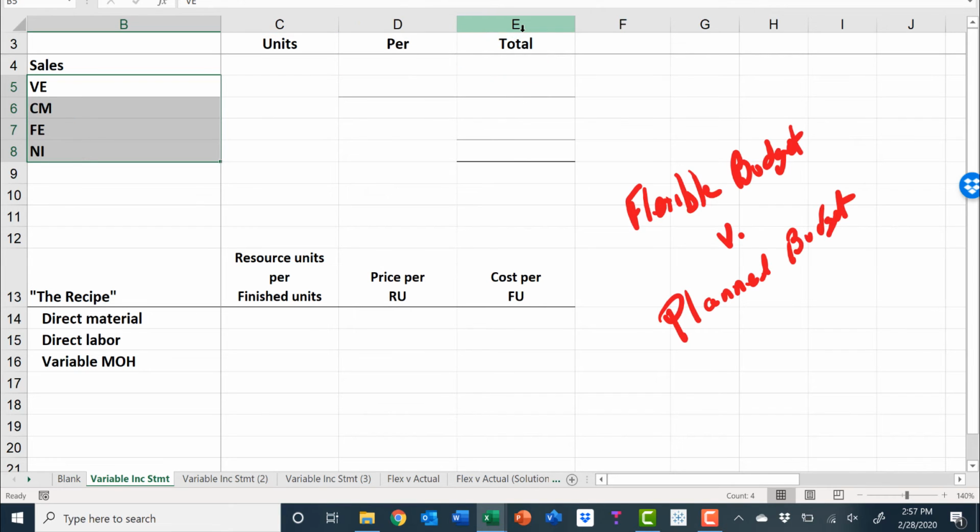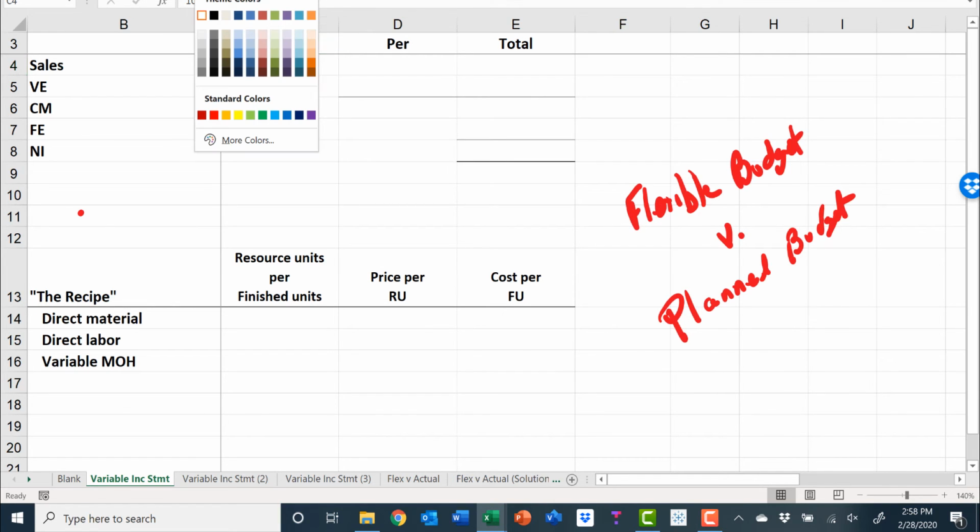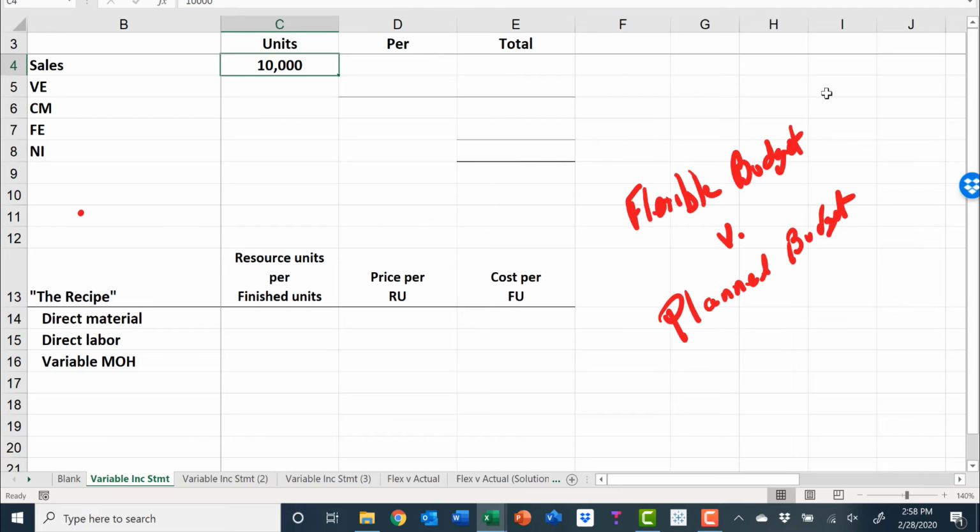So that's where we're going from here. And so in this particular problem, you're told right away that we have finished units of 10,000. Okay, so in this problem, you'll see 10,000 come in here. So I have 10,000 in units.